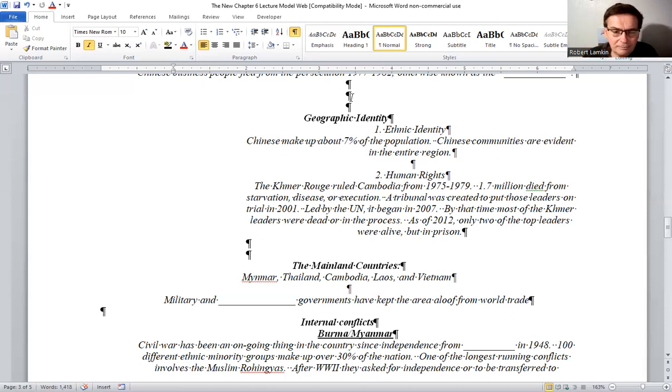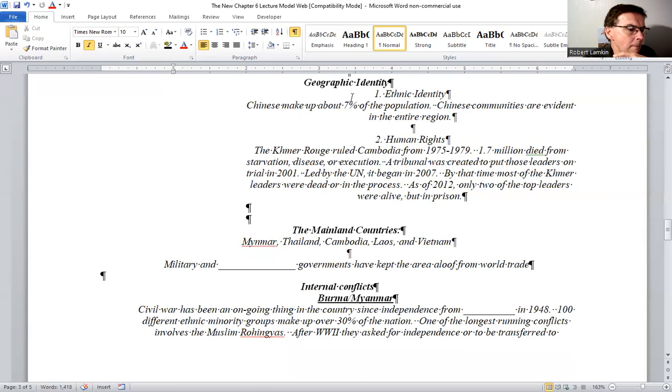Kind of head scratching. Maybe it's 2001, King Sihanouk set up a tribunal in Cambodia to put those leaders on trial. It was actually UN led. I think it began the trials in 2007.